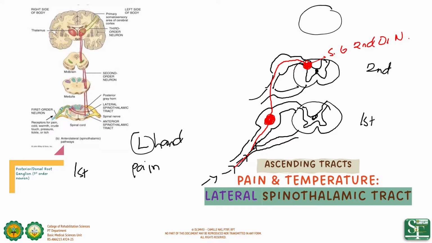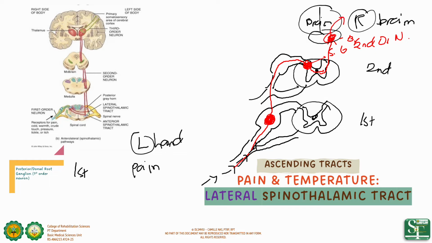Hindi, no? Ang makaka-receive is the right side ng brain or the right hemisphere. This is the brain. Okay? Paano nangyari yon? So, pagdating dito sa second order neuron, magko-cross siya, no? Lilipat na siya ng side via the gray commissure papuntang right side. And then sa third order neuron, which is the thalamus, doon na siya magsa-synapse. Third order, papuntang brain. Okay?